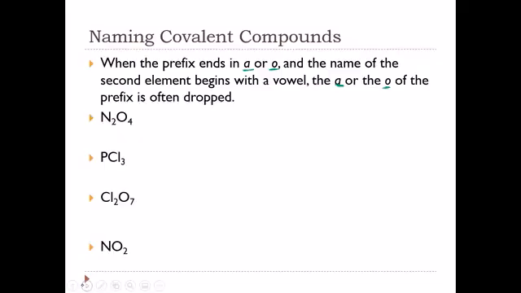Then take a moment to see if you can name these covalent molecules, then come back. Okay, so this one would be dinitrogen, and notice we don't add ide to the first one. So dinitrogen tetroxide. It would have been tetraoxide, but since it's a and o, just tetroxide.